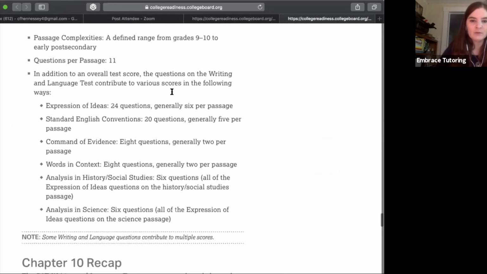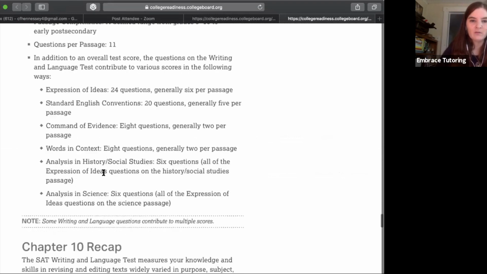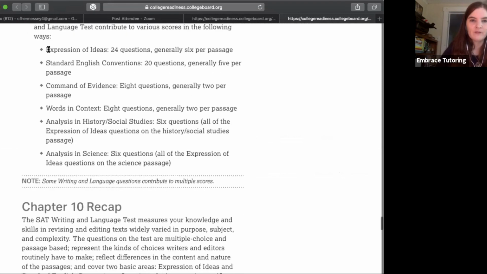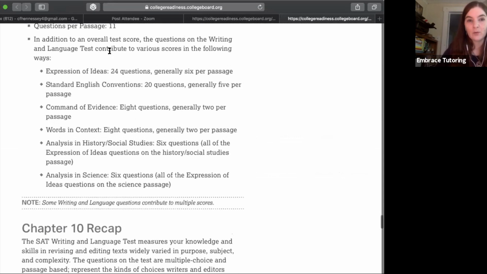So they give you a breakdown of the number of questions that fall into these categories of question types, or really categories is what we're dealing with here, like expression of ideas as a category of questions.